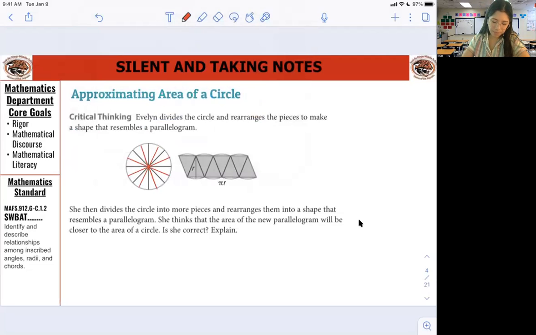And then she wants to do the same thing, but this time, what's going to happen with the triangles when she lines them up? When she does this the second time around, so now her slices are smaller, what's going to happen? What's true about the new triangles?